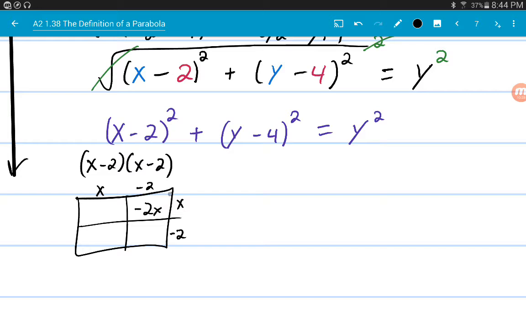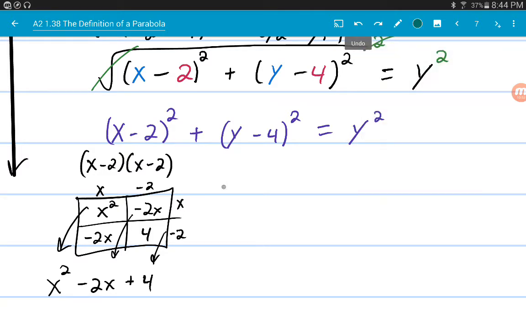So this is negative 2x. This is 4. X times x is x squared. And bottom left is negative 2x. So when I bring out these terms, I'm going to get x squared minus 2x plus 4. So that's what this whole thing was equal to on the left-hand side.